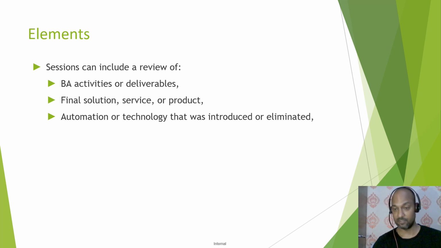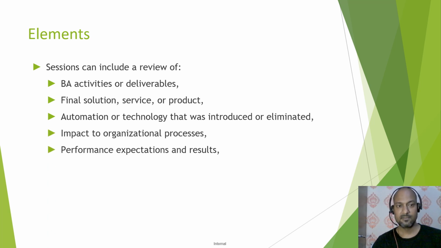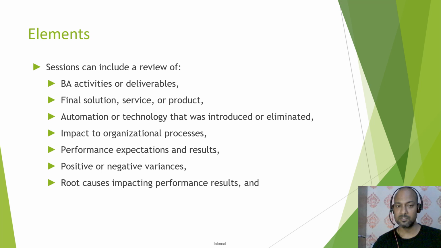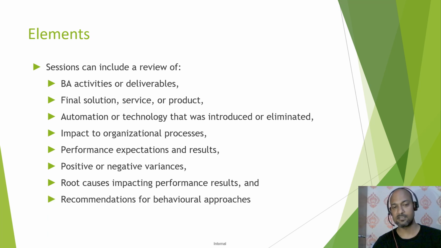Impact to organizational processes, performance expectations and results, positive or negative variances, root causes impacting performance results, and recommendations for behavioral approaches. These are a few points that are included in the book, but retrospection is not limited to this. It can be beyond that.